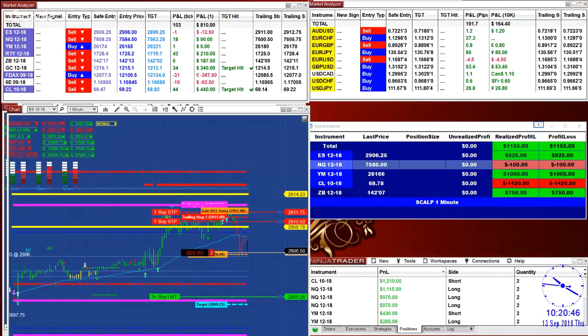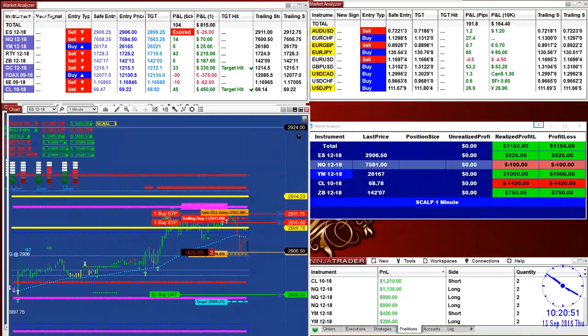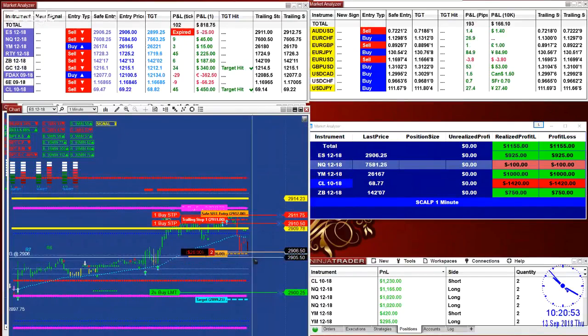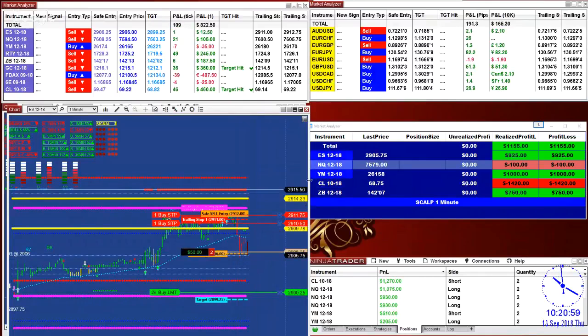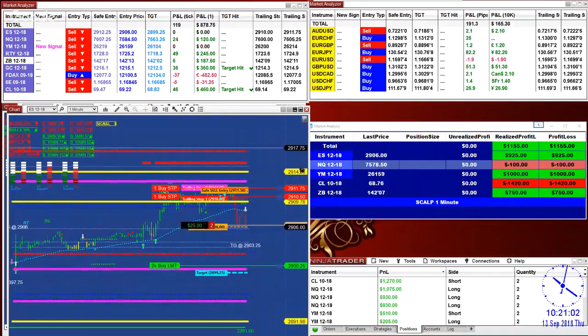The Nasdaq is still on, and there is an entry on the ES. If you want to follow that ES on a sim, you're not on that trade on the ES. I'm not gonna be encouraging anyone on the ES because we have a lot of problems on the ES a little bit farther down.